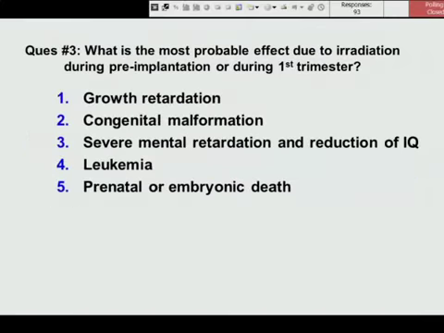The final question: what is the most probable effect due to radiation during pre-implantation or during the first trimester? Growth retardation, congenital malformation, severe mental retardation and reduction of IQ, leukemia, or prenatal or embryonic death?